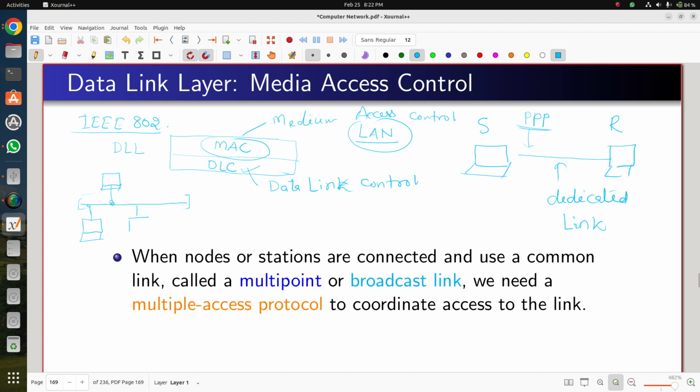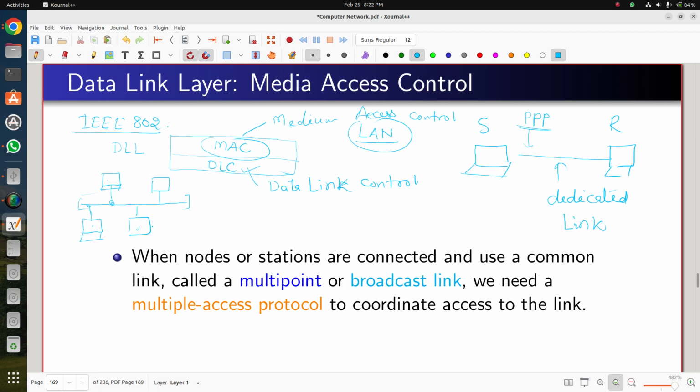Now you see that this link is being used by all these nodes. It is a kind of common facility that everybody will use, like the lift in your building. Everybody can use that lift. Similarly, this link is common to all. So if this node and this node want to communicate, they will use this link. Similarly, if this node wants to communicate with that node, they will use this common facility.